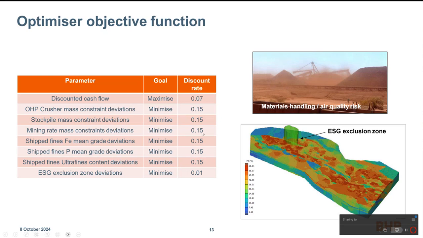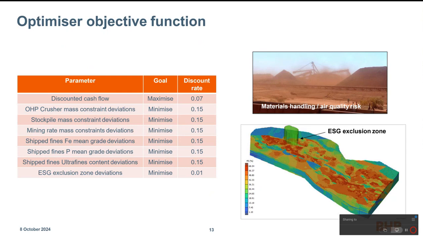So ultra-fines content relates to materials handling properties, so it may slow down throughput through certain parts of the mining value chain, but also can impact some of the local communities around our operations through the generation of excessive dust.